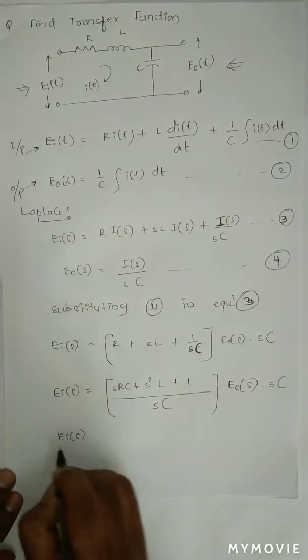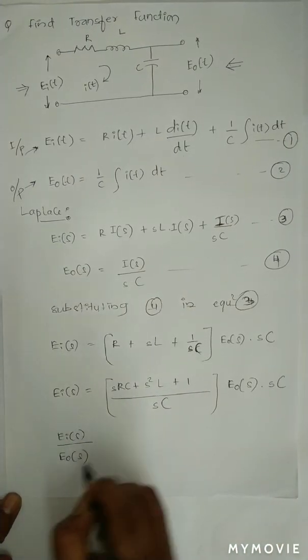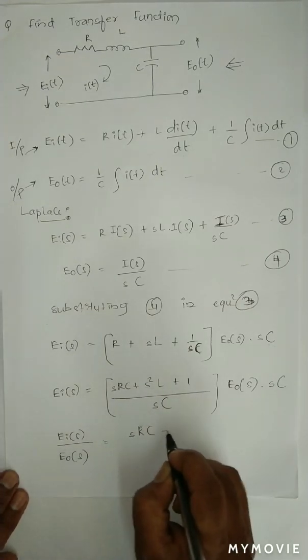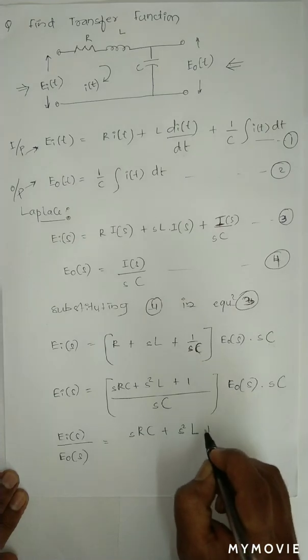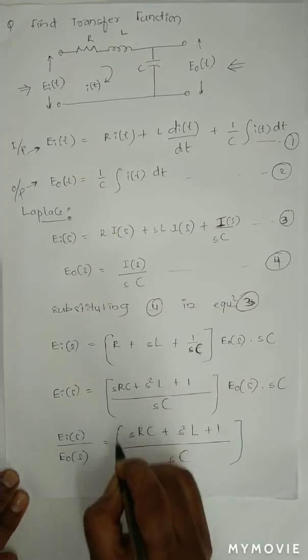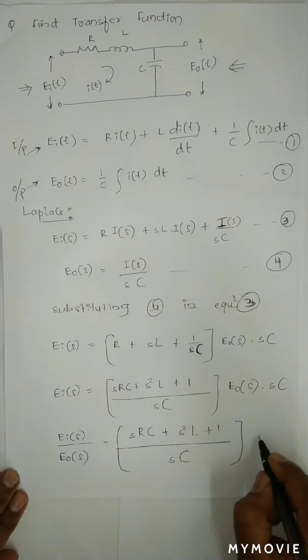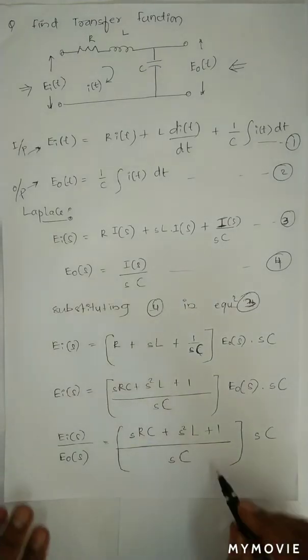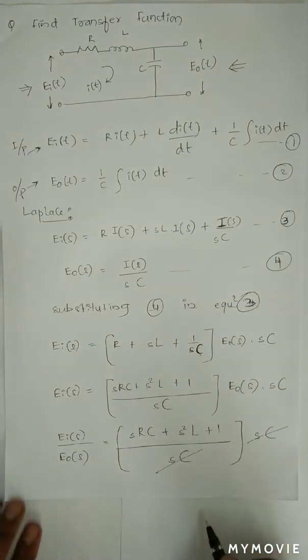So EI of S by E naught of S is equal to S RC plus S square LC plus 1 whole divided by S C into SC, right? So this SC and SC will get cancelled.